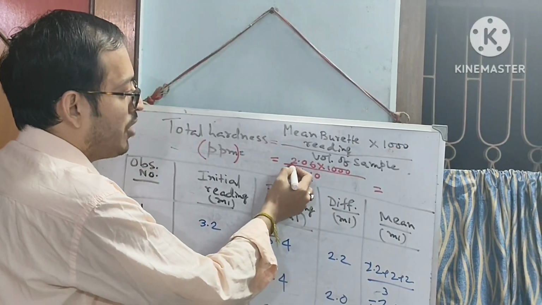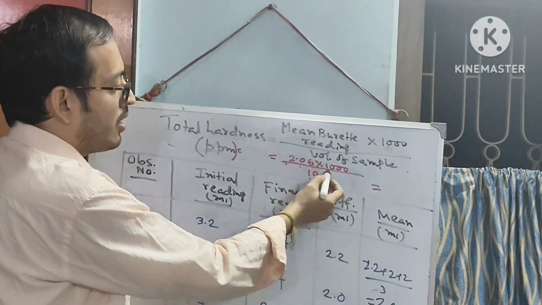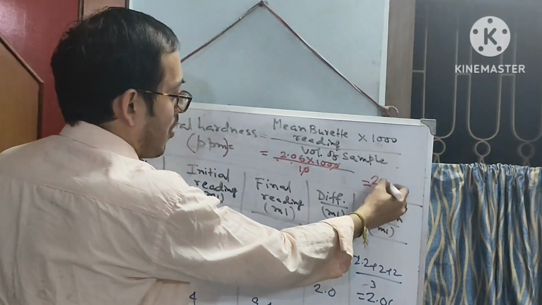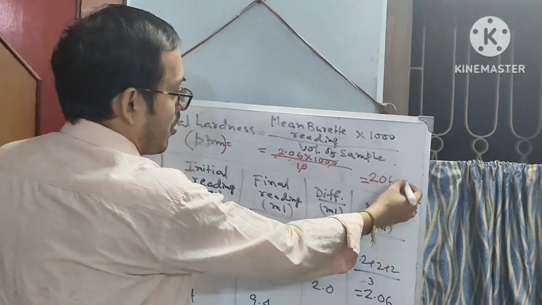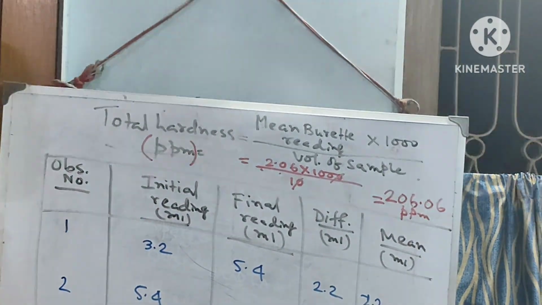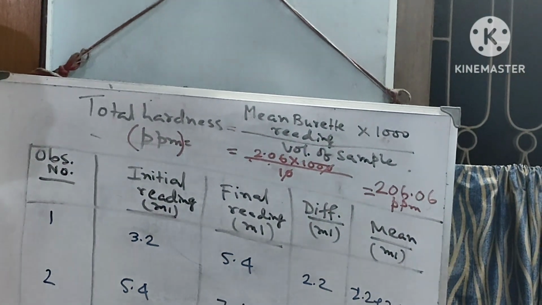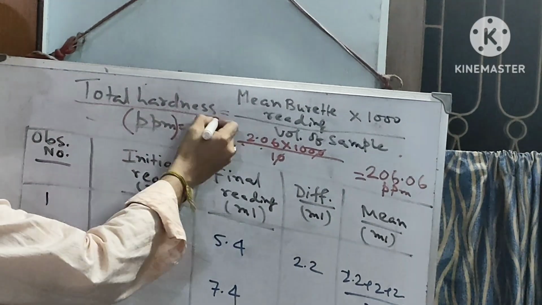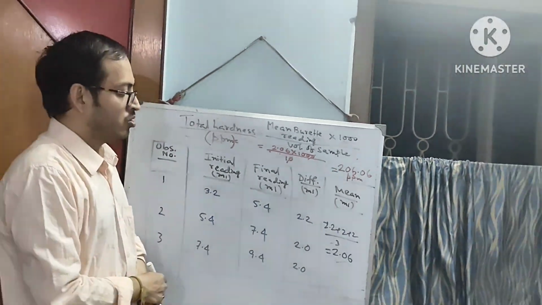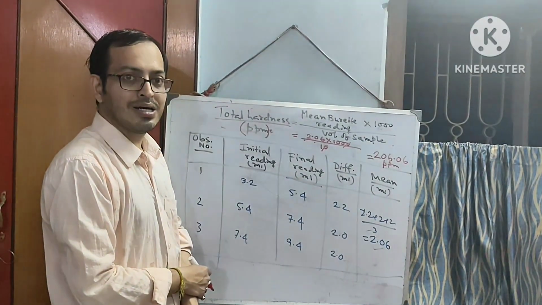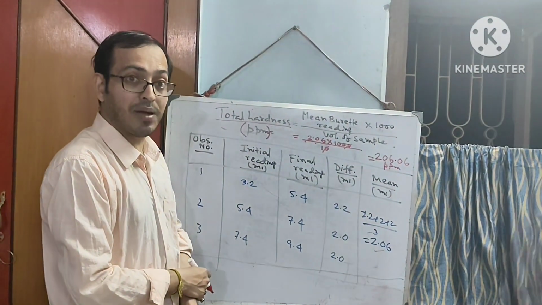So I put it here, and 1000. So the value will be 206.06 ppm total hardness.